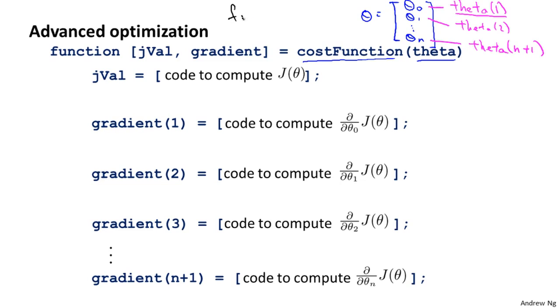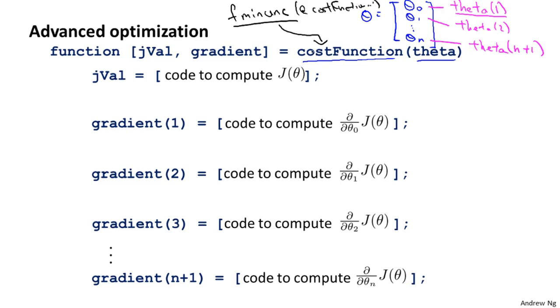We would use fminunc, and then at cost function and so on. fminunc is the fmin unconstrained, and it is what takes the cost function and minimizes it for us.